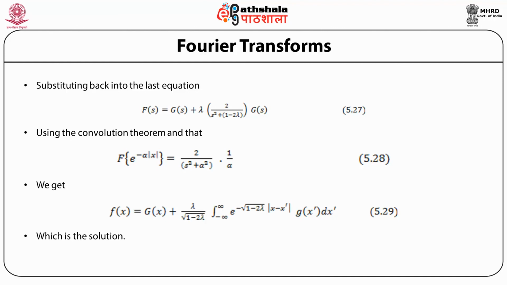Now g of x is a known function, so all we need is to evaluate this integral and we have the solution f of x of our inhomogeneous integral equation.